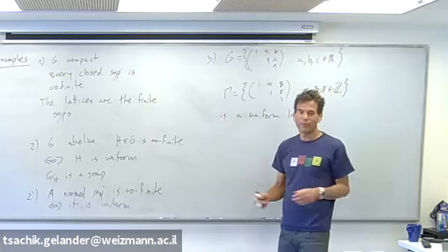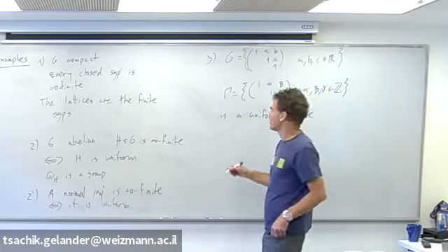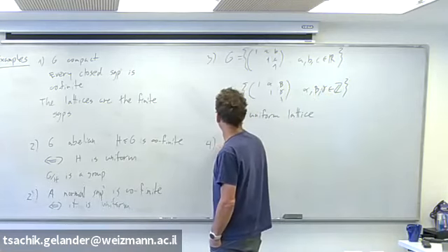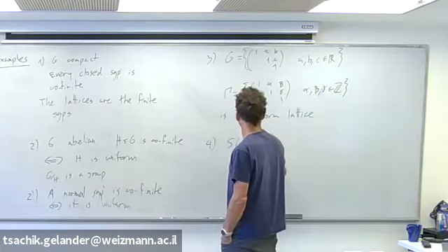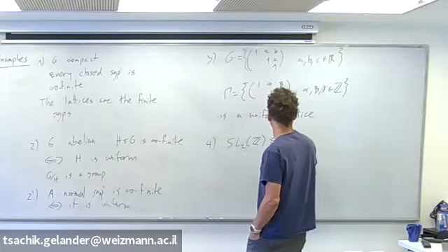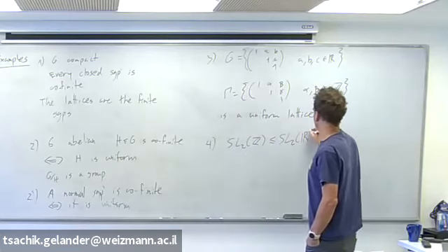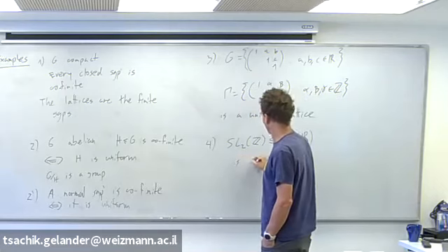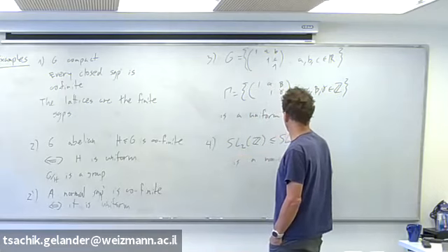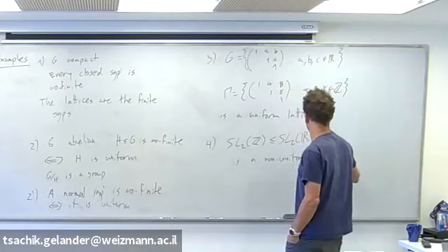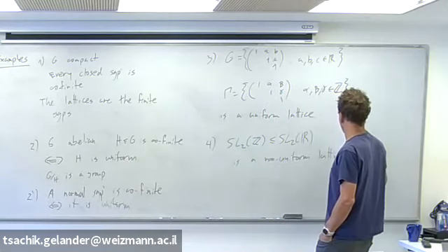So far we only have examples of uniform lattices. SL2(Z) inside SL2(R) is a non-uniform lattice. So it's a lattice.